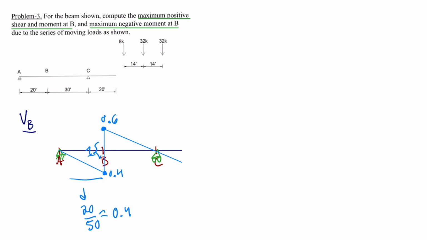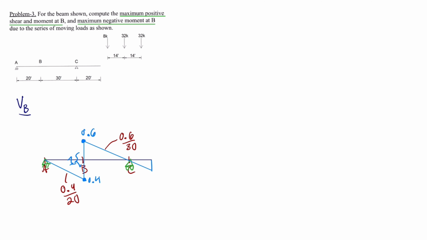Or, just to check, we can do 30 over 50, which is 0.6. Now we can write the slope for this line to be 0.6 over 30, and this will be 0.4 over 20.